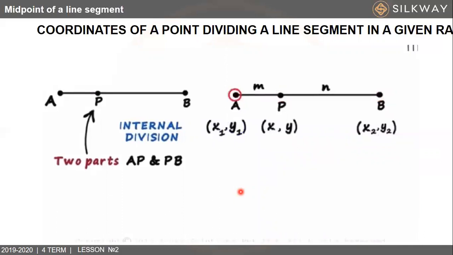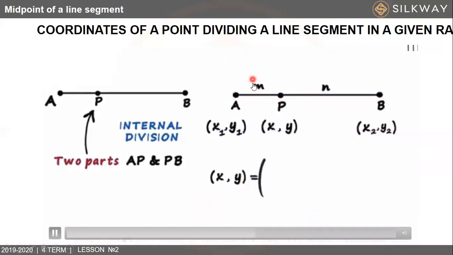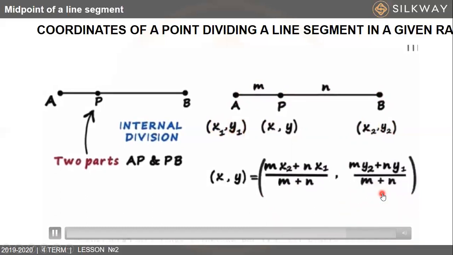So point P is (x, y). How can we find point P? x is equal to m times x2 plus n times x1, over m plus n. The next, y is m times y2 plus n times y1, divided by m plus n.